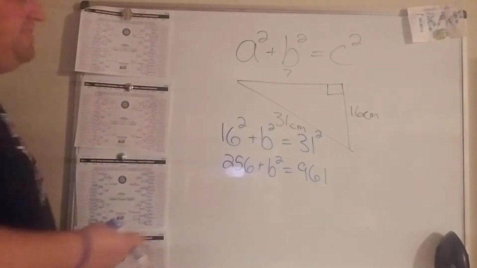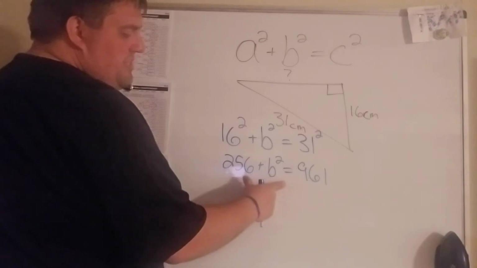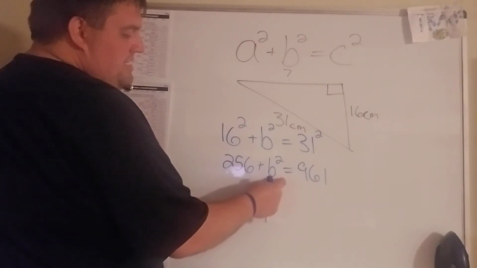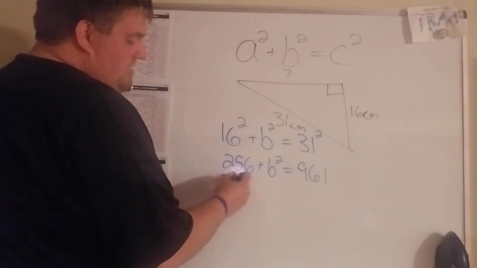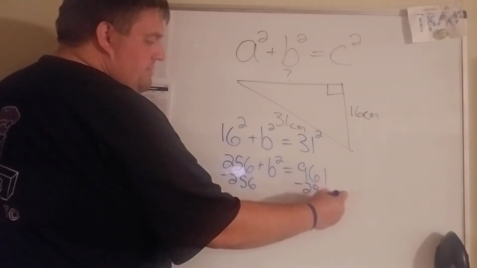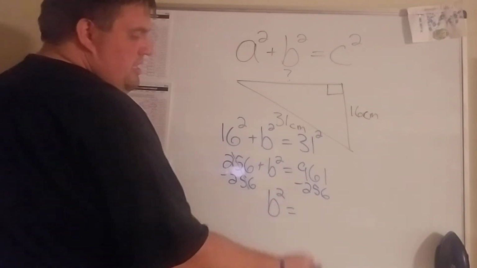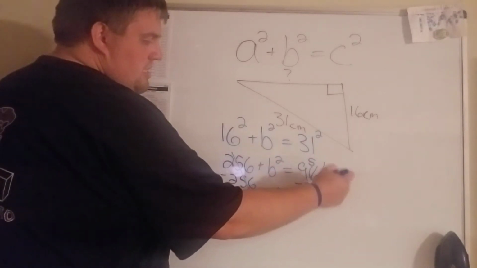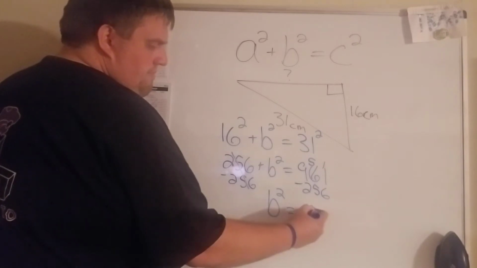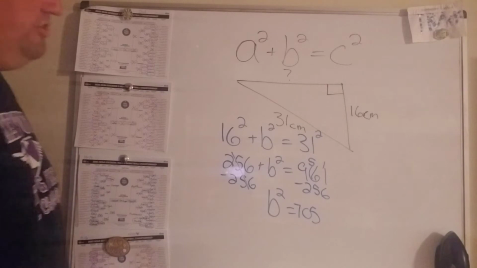We did the same stuff, but now I want to get b by itself. So this is almost like a two-step equation now. I want to subtract 256, so I can get that b all by itself. That's going to leave me with b squared equals 705, according to my calculations.